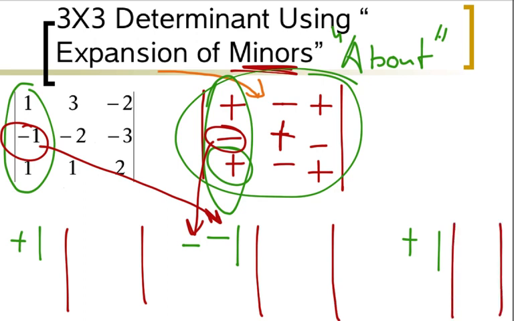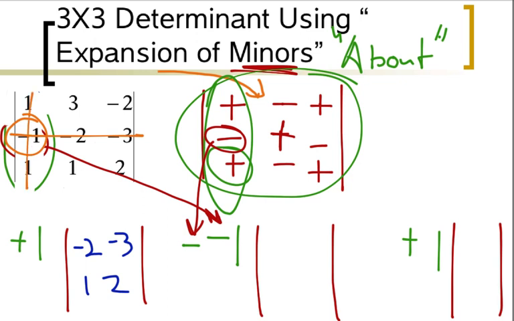So let's go ahead and fill those out. So the first one, cross out my 1 and its column. So I'm left with -2, -3, 1, 2. And then I'm going to erase that. Circle my second -1 and cross out its row and column, and I'm left with 3, -2, 1, and 2.